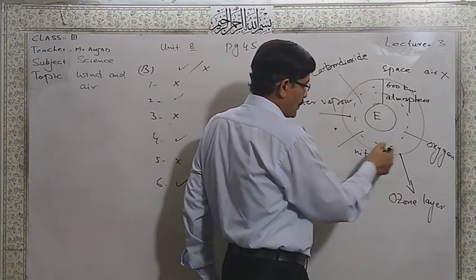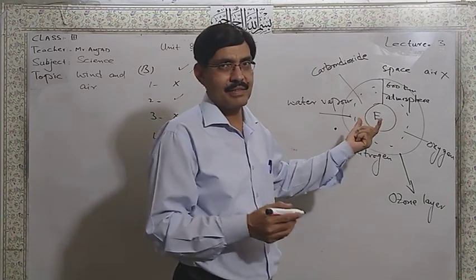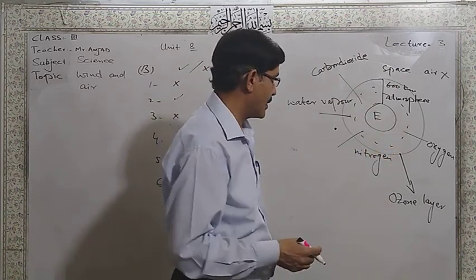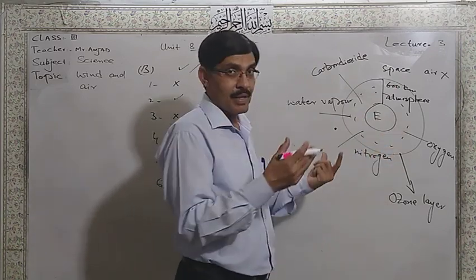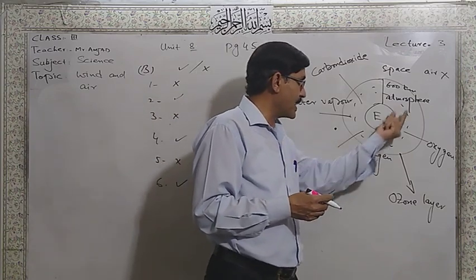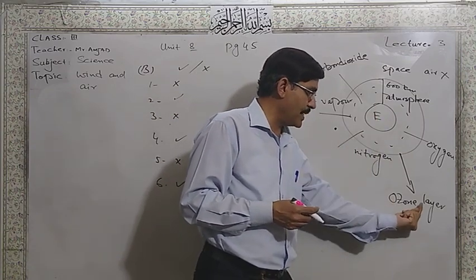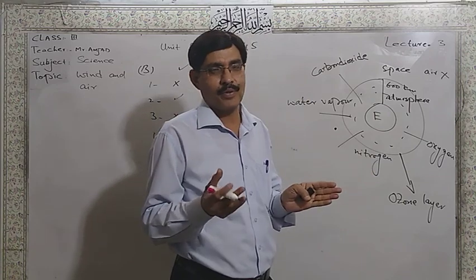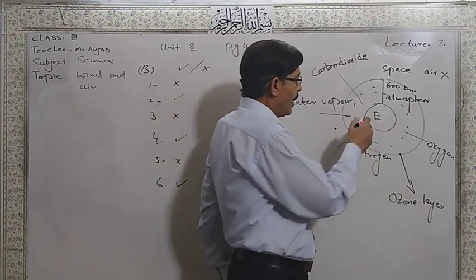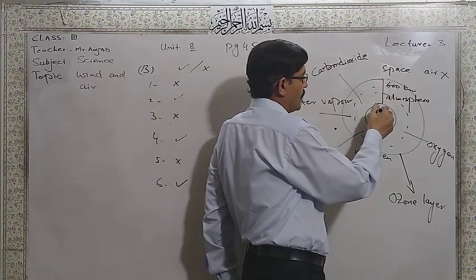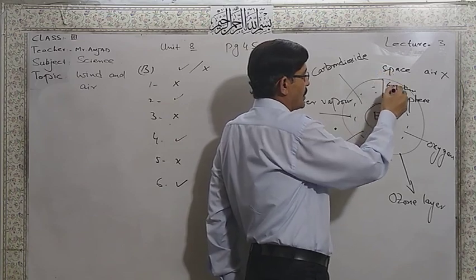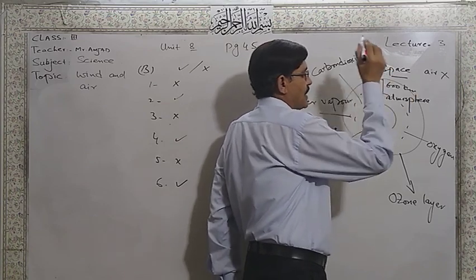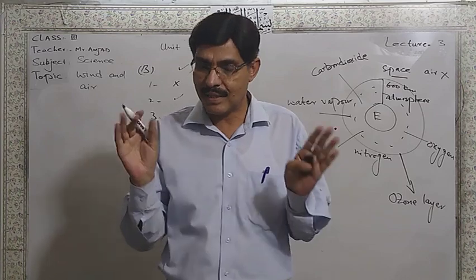If that cover is not present, then nobody can survive on the surface of the earth. It is only because of that cover, the ozone layer, that we are surviving on the surface of the earth. After this, from earth going up 600 kilometers, we have space, and there is no air in space.